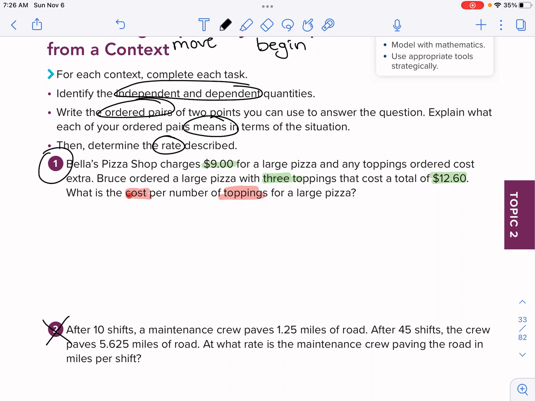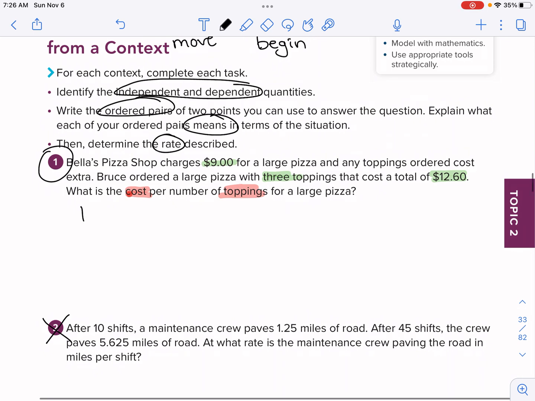Now, what we have to do here is look at the increase. You don't have to set this up using the formula, but if we go from $9 to $12.60, what is that difference? And whatever that difference is, we're dividing by 3 since there are 3 toppings. That's how you could find that out.